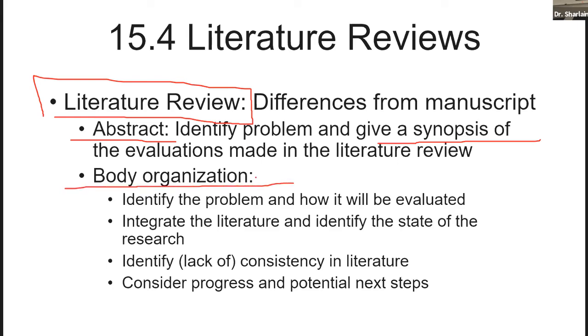In the body, the difference is we have already identified the problem, which is similar, but now we're going to integrate all of that literature that we found in the past. The goal is to identify that consistency. What have we found in research or what remains controversial, right? Some research articles can say, yes, there is evidence to support and there could be a consensus, right? But then we may find some research in our meta-analysis that doesn't support that research question. So we would discuss the lack of evidence.